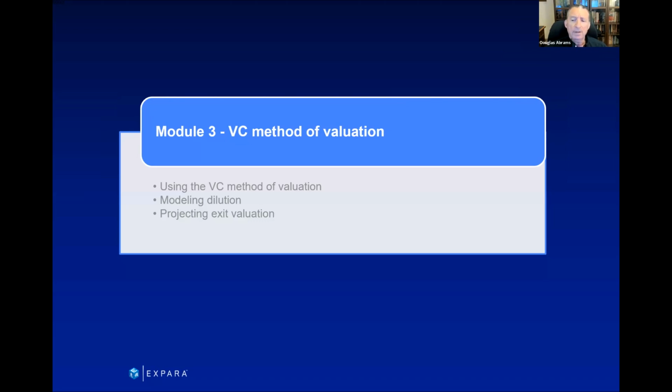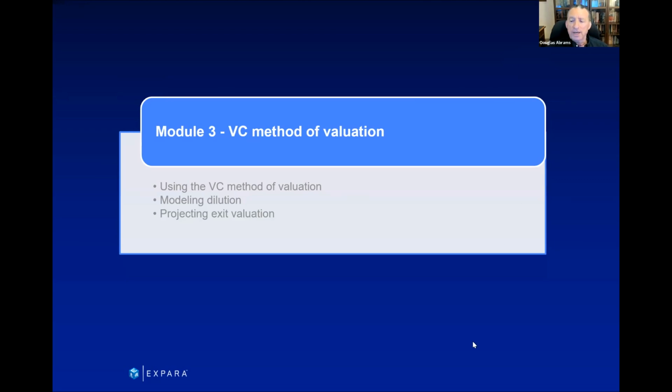And therefore, I think it gives the most direct approach to valuing a startup, and it gives the startup valuation that directly corresponds to what investors are looking for in the startup. It's also pretty easy to understand and also easy to model and easy to explain how you arrived at the numbers for both sides. So we'll jump into VC method evaluation.